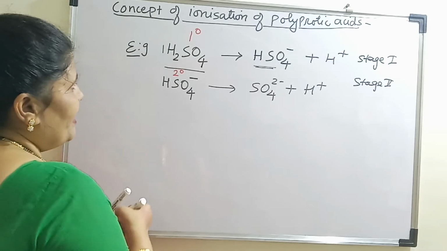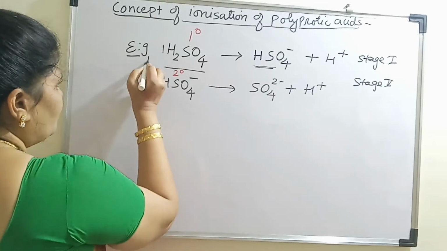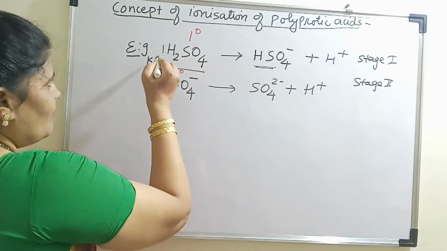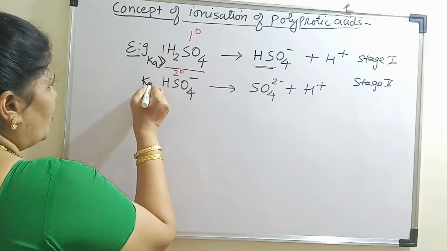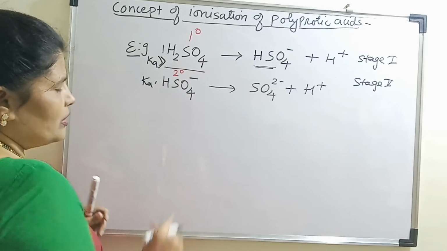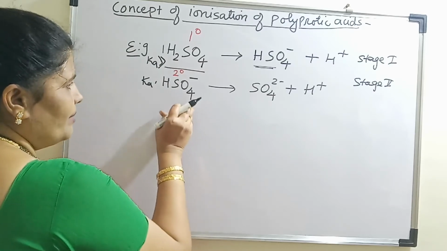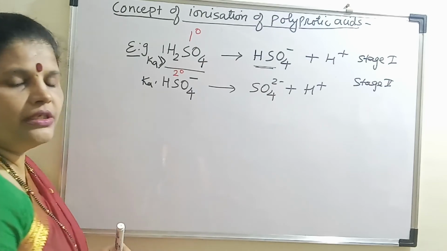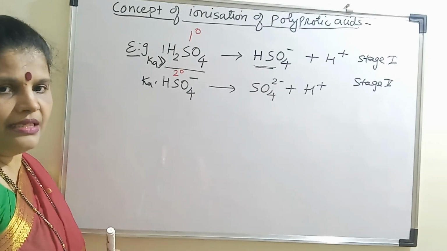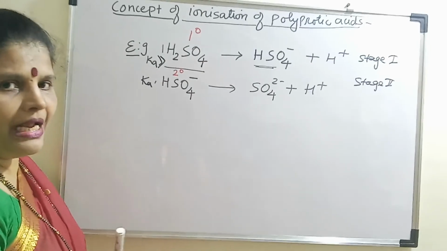If I compare, Ka for the primary acid will be much higher as compared to Ka of this acid, because now the tendency to liberate hydrogen is less, and the number of hydrogens given out will be less. This is based on common ion effect.